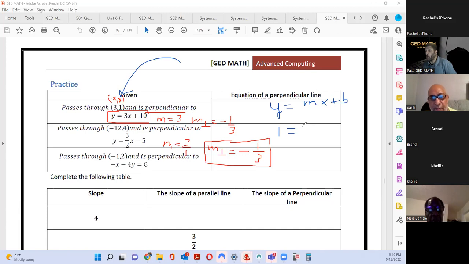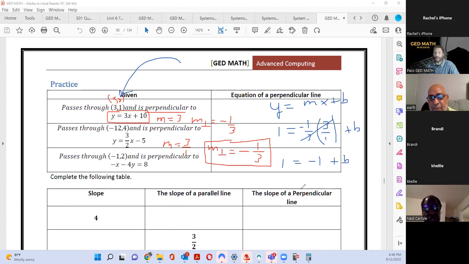Negative 1/3. And what's x? 3. So again, I'm going to change it to an improper fraction so I won't make any mistakes. What happens to the 3s right here? They cancel out because 3 over 3 is 1. So they cancel each other out. So I get 1 equal negative 1 plus b.